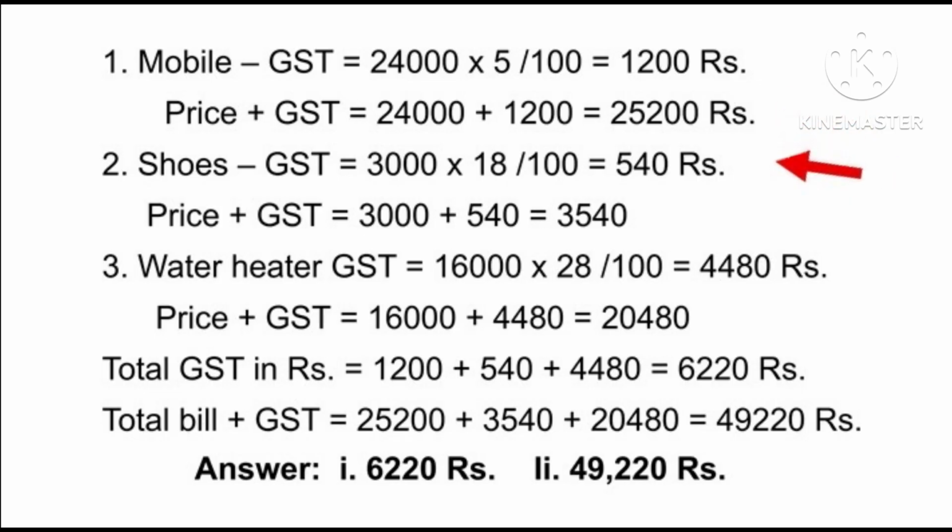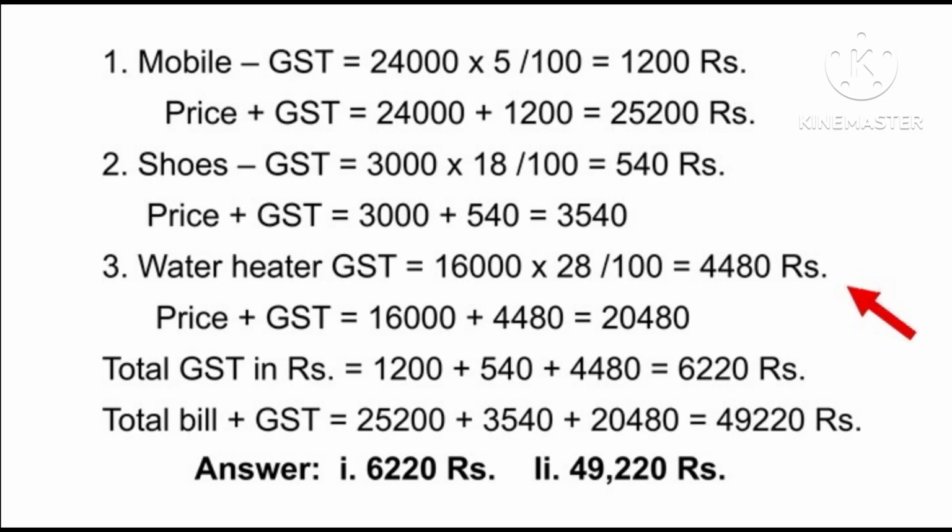GST on shoes is 18% and price is 3,000 rupees. Therefore, GST on shoes is equal to 3,000 into 18 upon 100 equals 540 rupees. Hence, price plus GST is equal to 3,000 plus 540 equals 3,540.